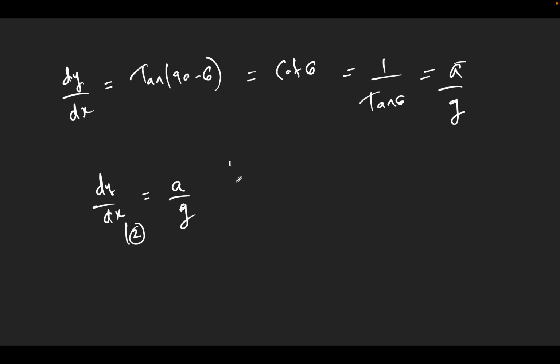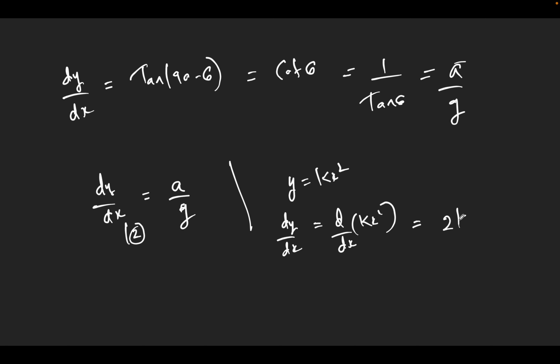We know y equals kx squared, so dy by dx is d by dx of kx squared, that means 2kx, right?